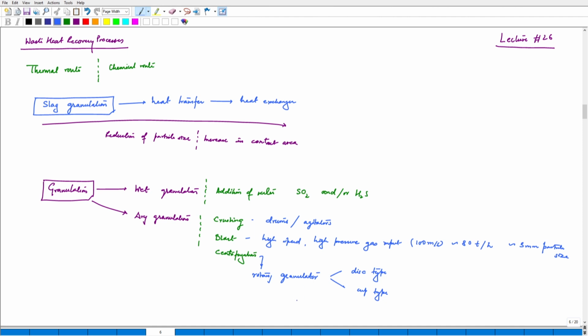So these are various designs that are available in the granulator. People have tried different types of granulators, and they've seen that these two types work pretty well for achieving the GBFS that we are discussing, and it helps in the overall heat recovery.